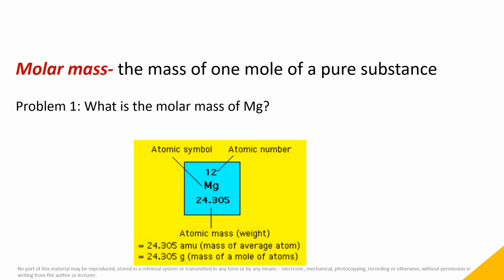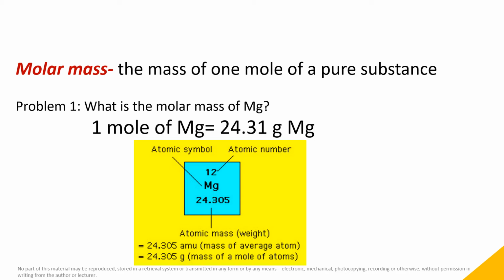Typically, the atomic weight is on the upper right corner or on the bottom corner of your periodic table. So looking at the atomic weight or atomic mass for magnesium, we have 1 mole is equivalent to 24.31 grams of magnesium.